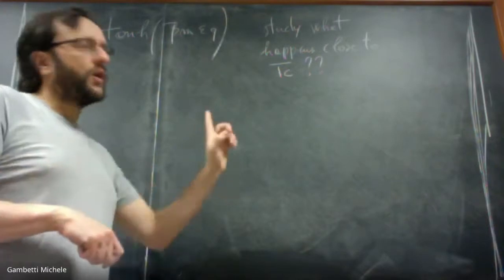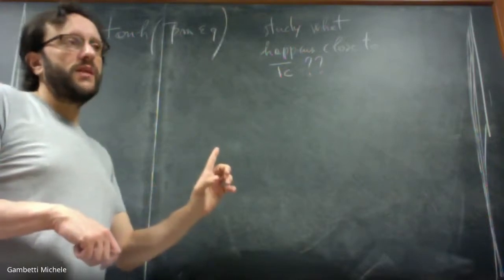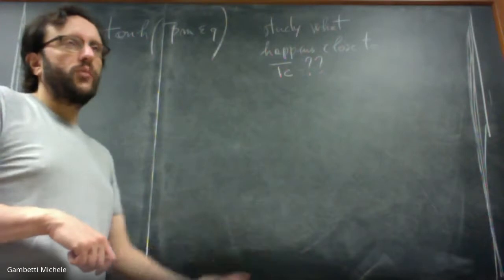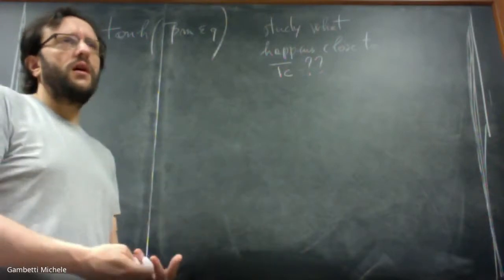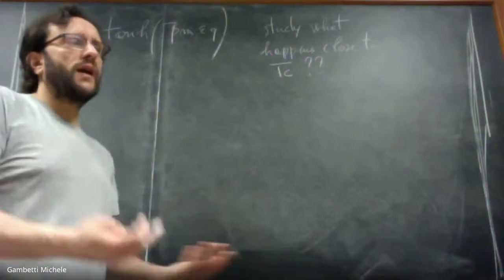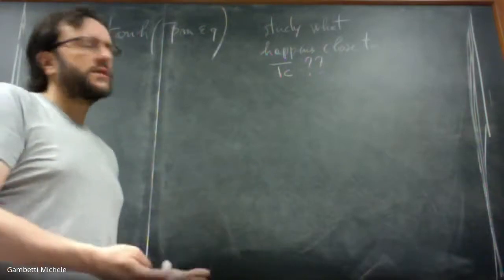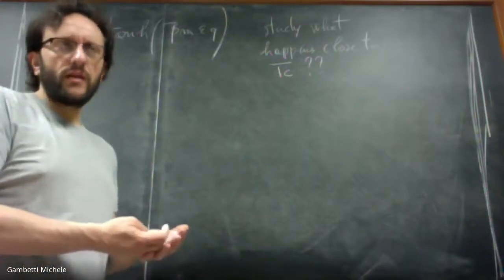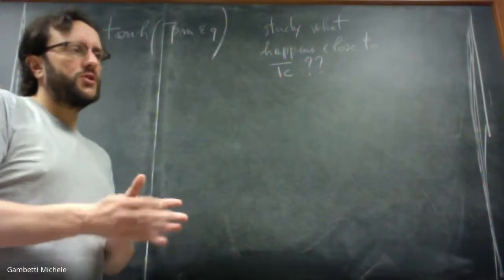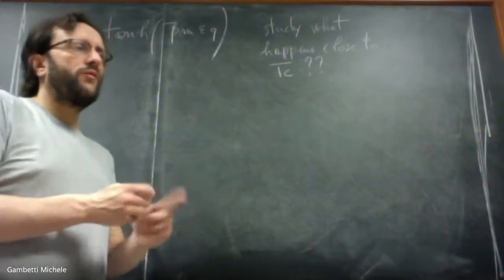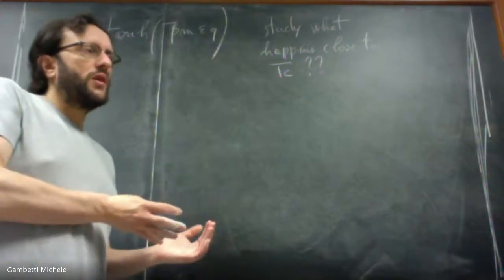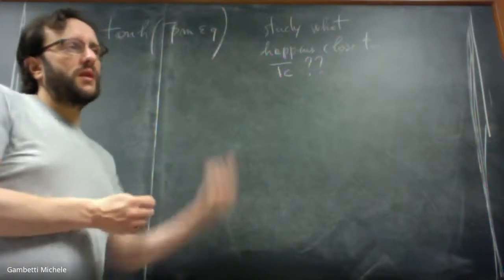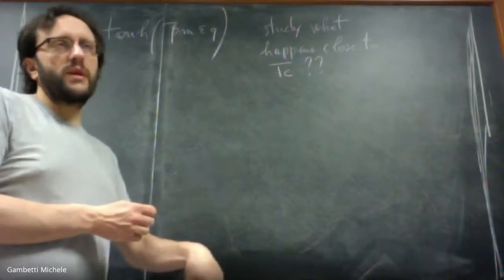The system decides at some point below Tc to have a spontaneous magnetization. I go from a situation in which there's no preferred direction, up and down the same, into a situation in which, for instance, all the spins are up or all the spins are down.